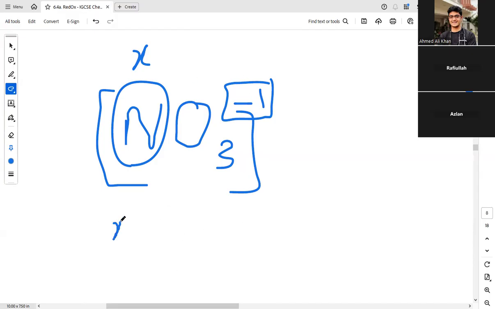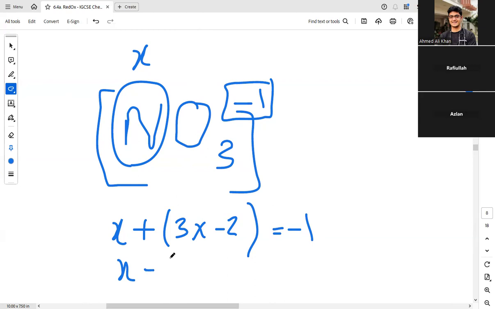So let's just add up the oxidation states. X plus, and we have three atoms, so 3 times -2, and that should all equal -1, right? So 3 into 2 is -6, so that gives X - 6 = -1.